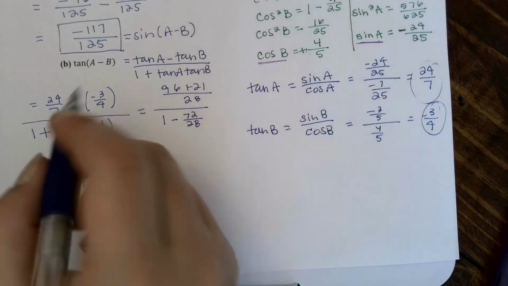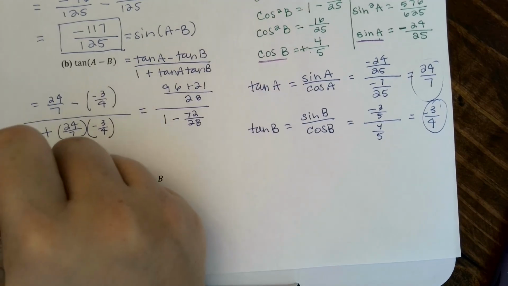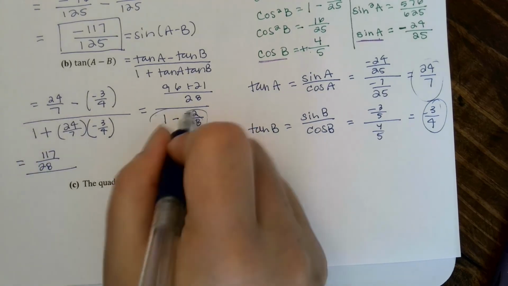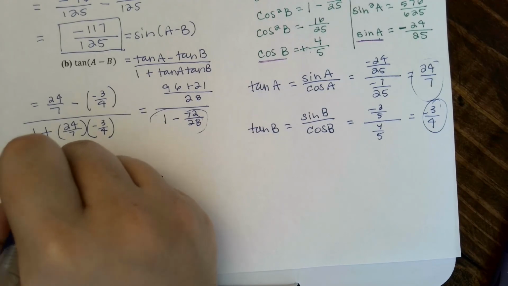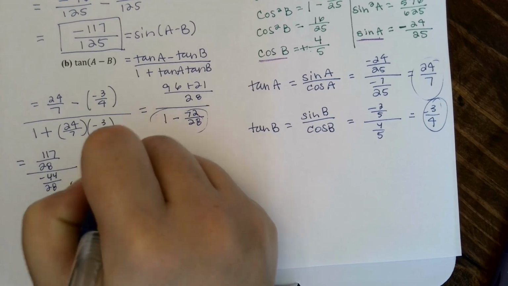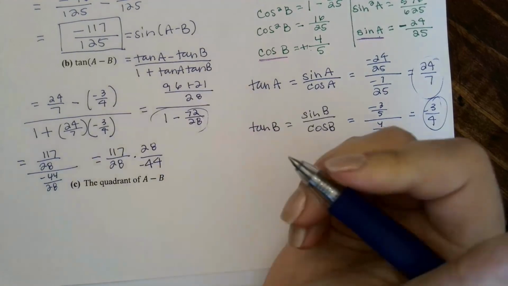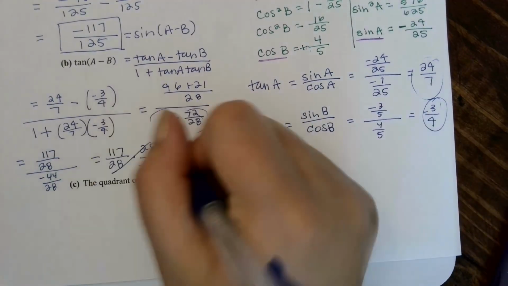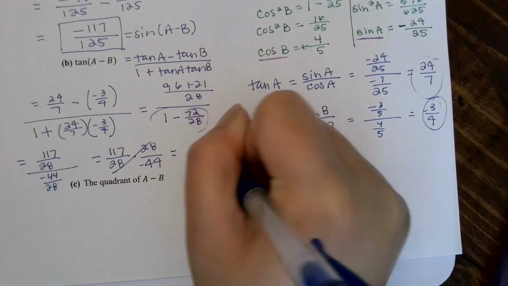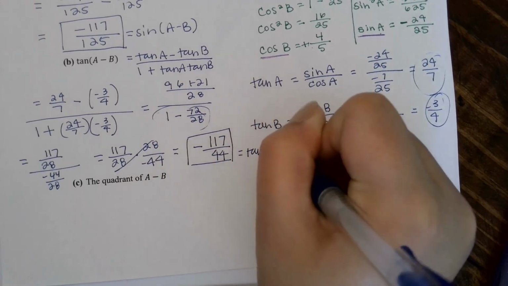I'll rewrite this down here and add those together: 117 over 28, over negative 44 over 28 after subtracting in the denominator. That's 117 over 28 times the reciprocal, so over negative 44. This gives a final answer of negative 117 over 44. So this is tangent of A minus B.